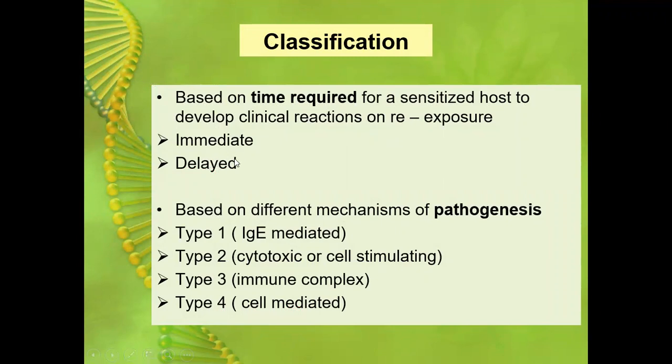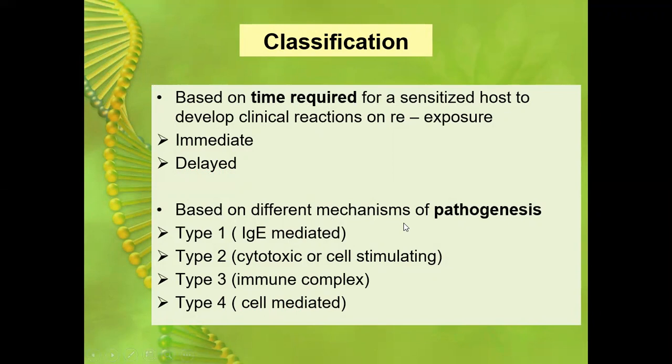That means based on the time required to develop the immune response to an allergen or antigen, they are immediate, that means they develop reaction immediately, and delayed type, it takes a certain period of time to develop the reaction. So these two are classified based on the time required to develop the clinical reaction.